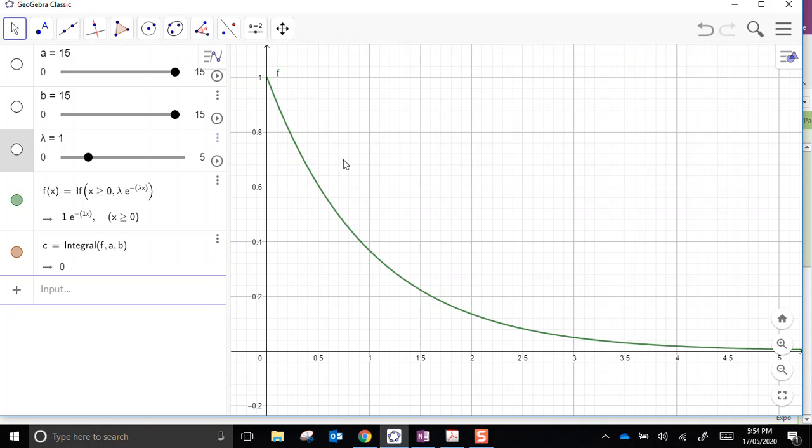Now, how do we find the probability of something occurring? We find the area under the graph between two limits. So there's my integral from 0 to, well, way out there at 15, comes to 1. What if I bring my upper limit in a little bit?